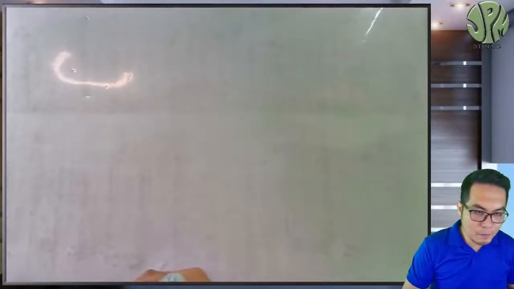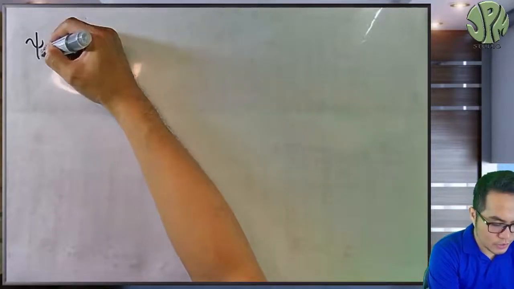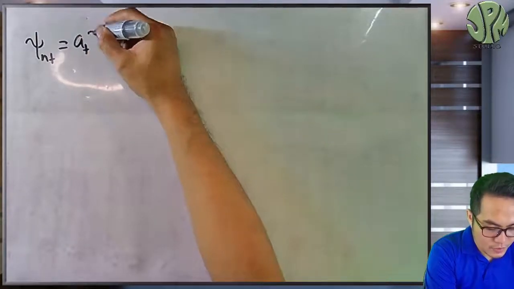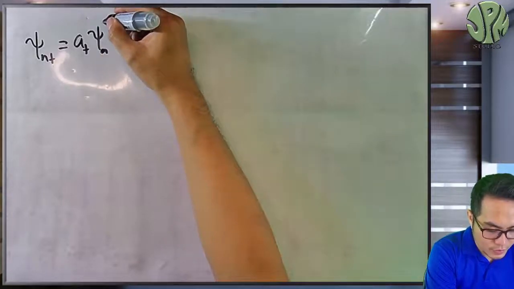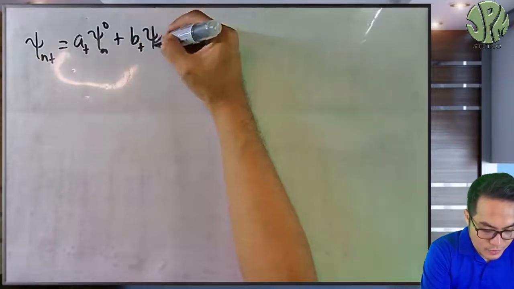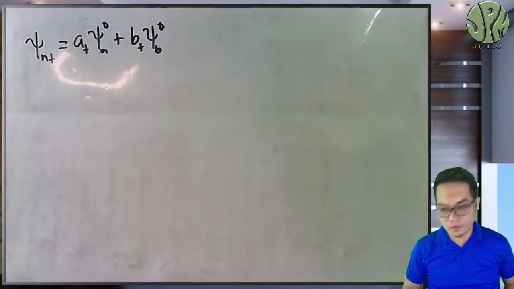So for psi n plus, you have a plus psi a 0 plus b plus psi b 0.